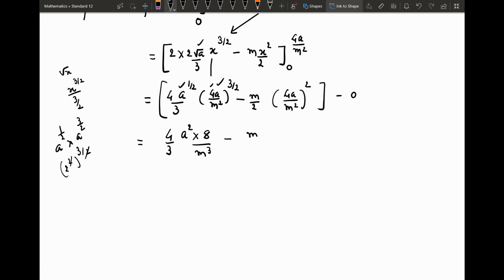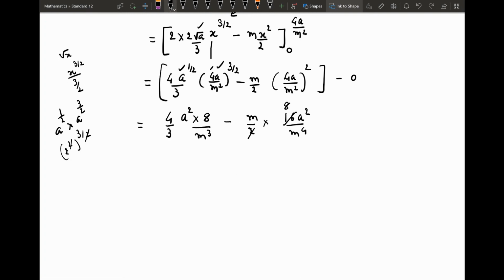Minus m by 2 into 16 a square upon m raised to 4, which is 8a square upon m cube.